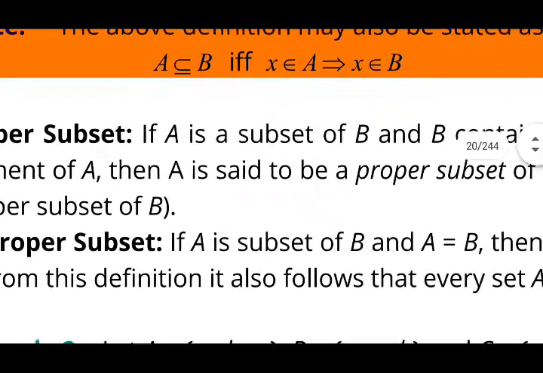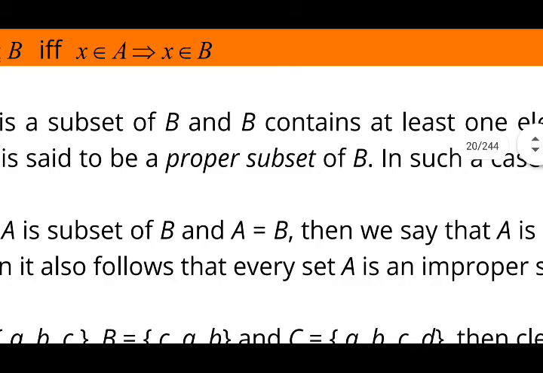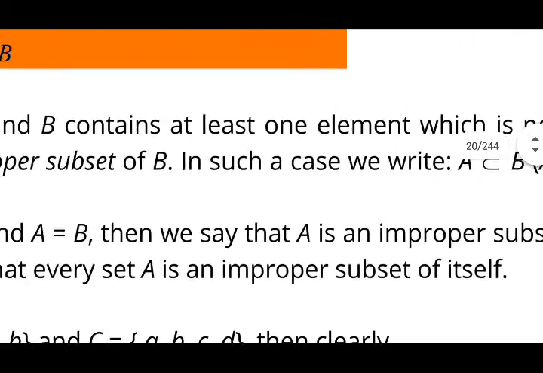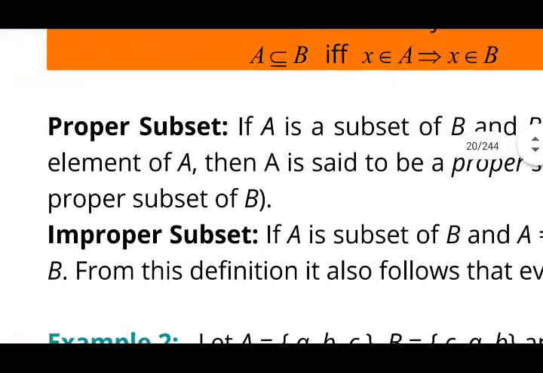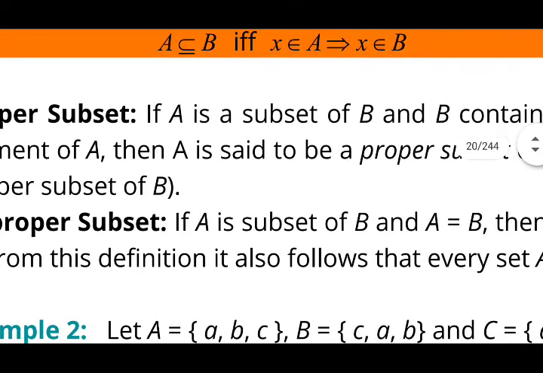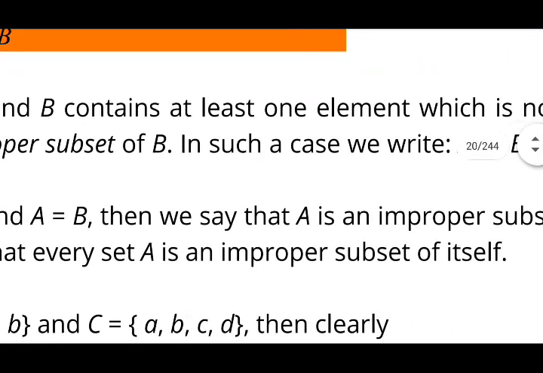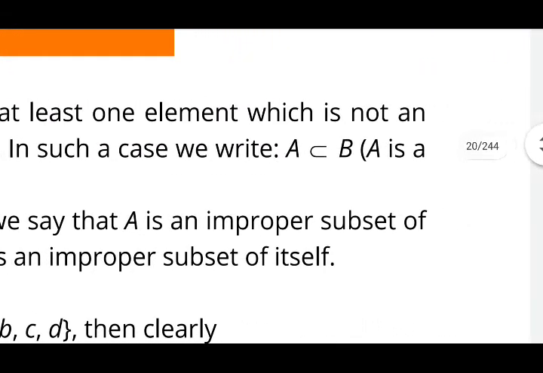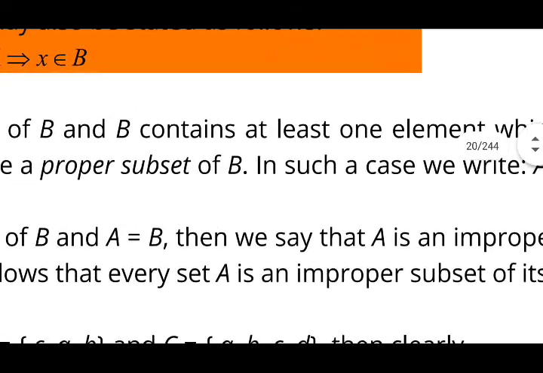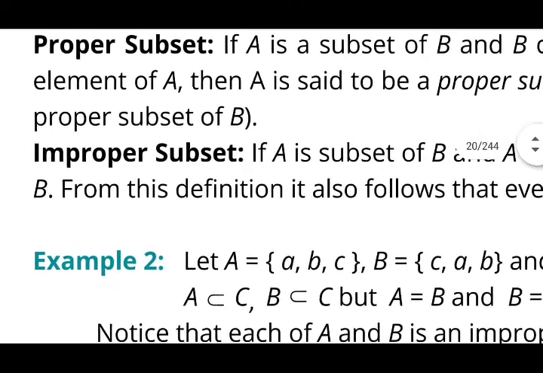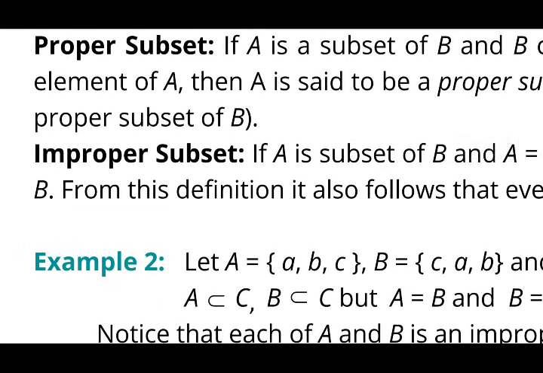If A is a subset of B and B contains at least one element which is not an element of A, then A is called a proper subset of B. In such a case, we write A is a subset of B. It means A is not equal to B, some elements are missing.